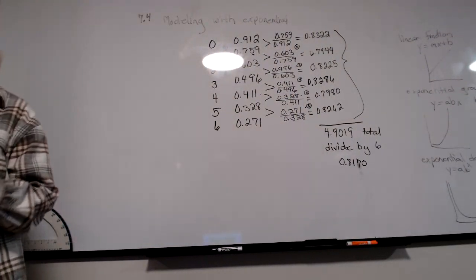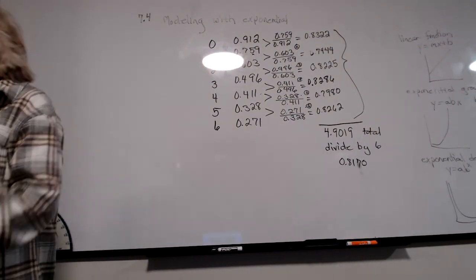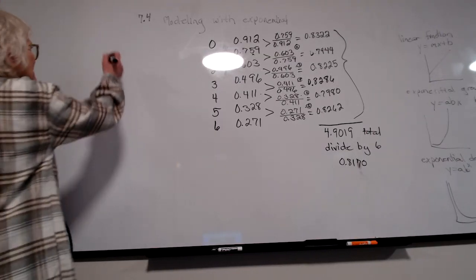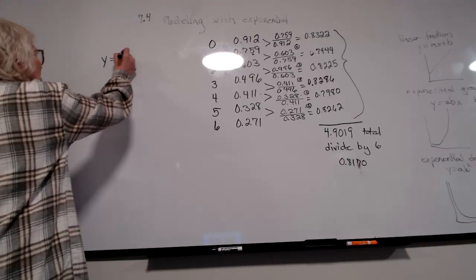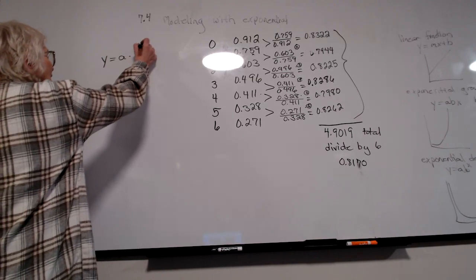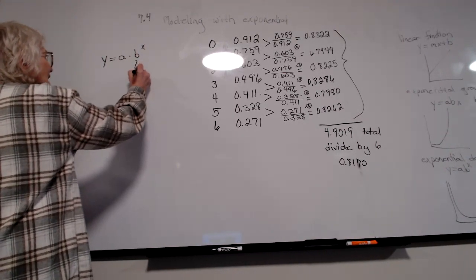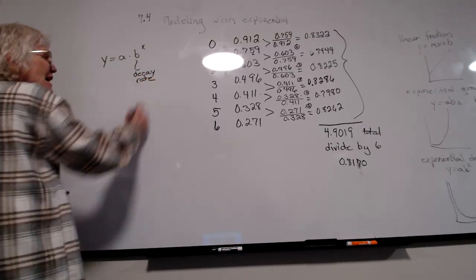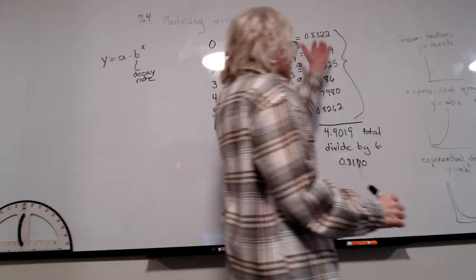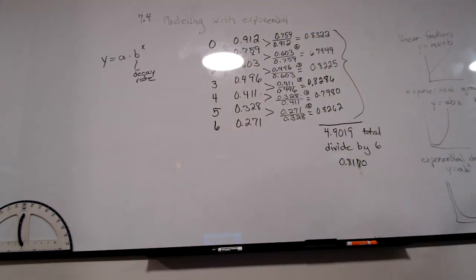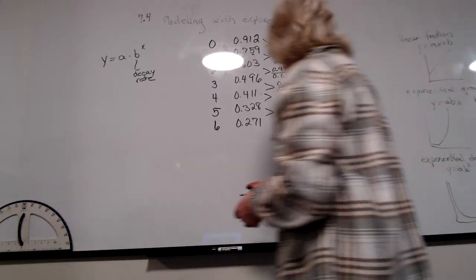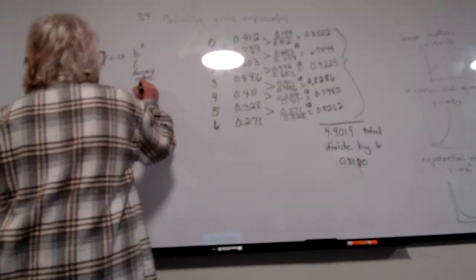So that's our exponential growth rate, okay? If we were to write this as y equals a times b to the x, this is the decay rate, which we just found, the average decay rate. We looked at each individual decay rate and found the average, which is 0.8170.